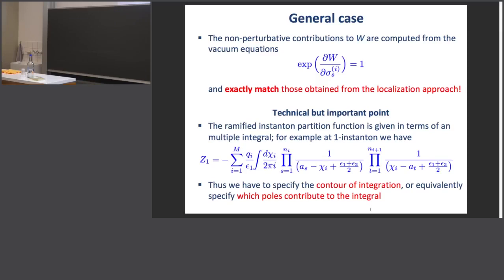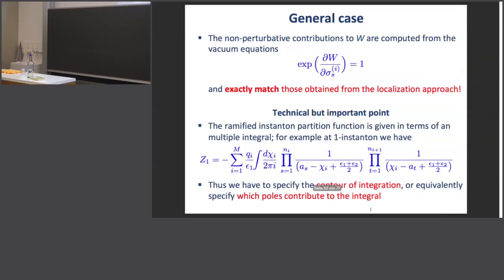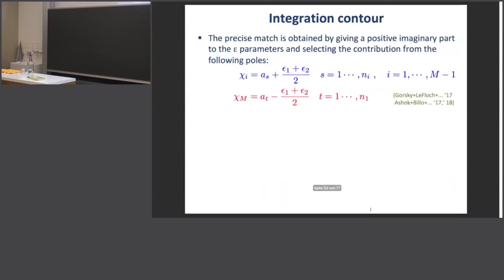In other words, the poles, the zeros of these brackets, will be points in the chi complex planes. And what we have found, but actually also other people simultaneously found exactly the same result, is that for the first m-1 variables in this multiple integral, you have to pick up the poles in the upper half plane.